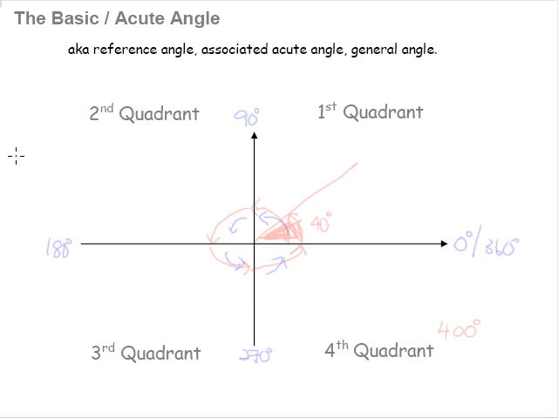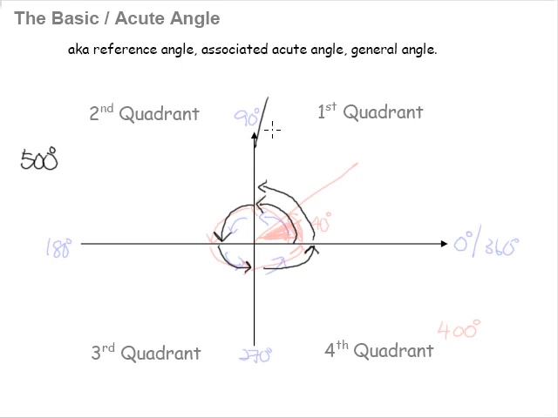Now let us take a look at 500 degrees. Just where exactly is 500 degrees? Likewise, we go 90 degrees, 180 degrees, 270 degrees, and one full round back to 360 degrees. 500 degrees is still quite some distance away, so we move another 90 degrees and get 450 degrees.